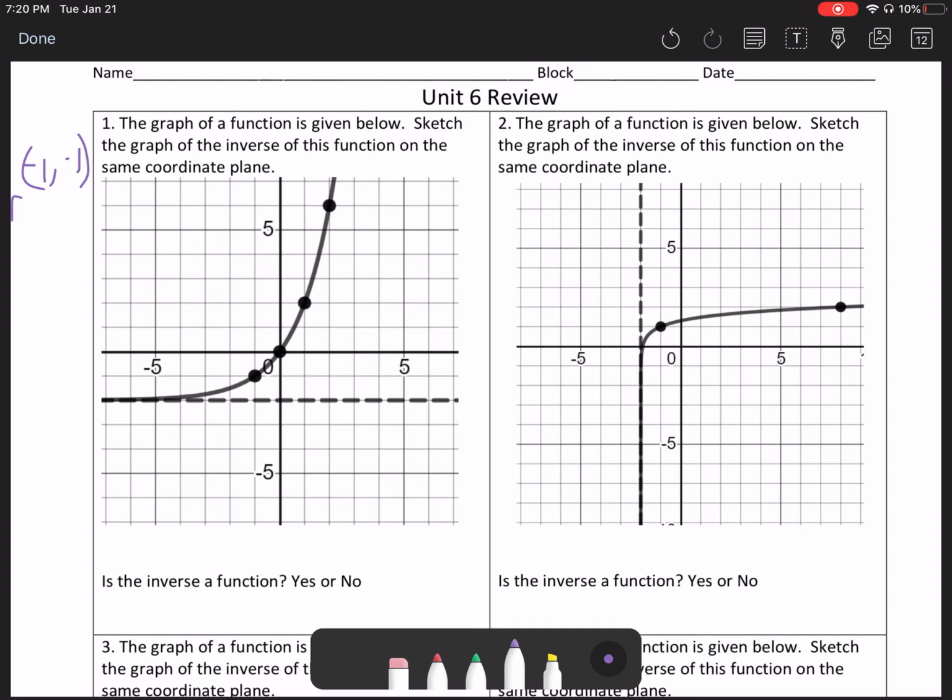I have 0, 0. I have 1, 2. I have 2, 6. Another feature of this graph is that it has an asymptote at y equals -2. That'll come into play in a moment.